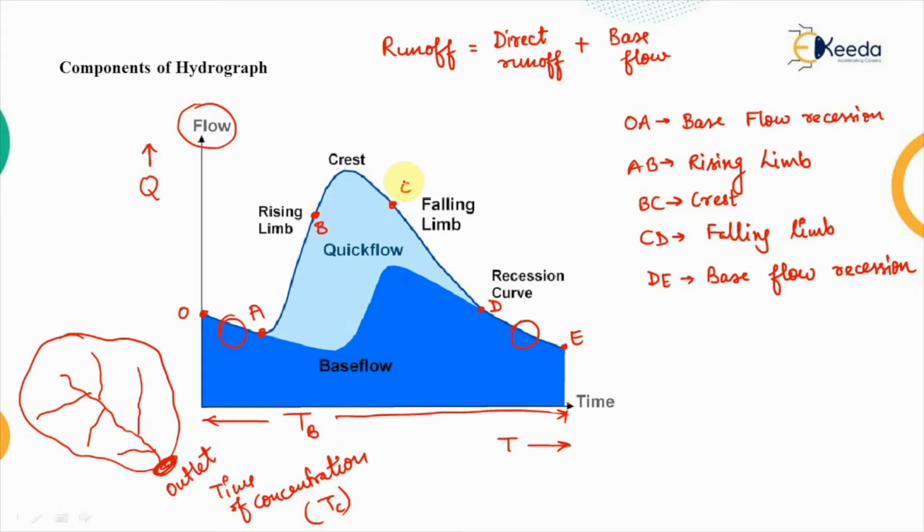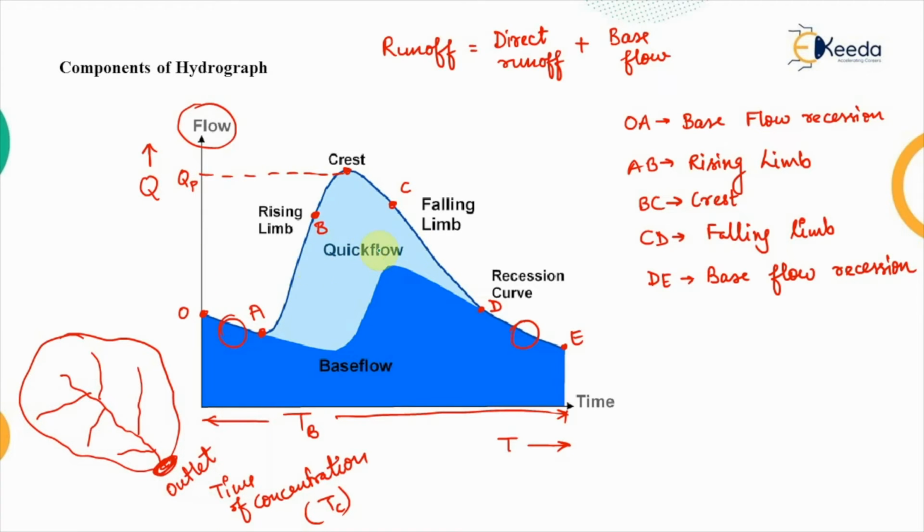Now in this point, the curvature is also important. We have seen that this maximum discharge that we are getting corresponding to the peak value is known as the peak discharge and is represented by QP.